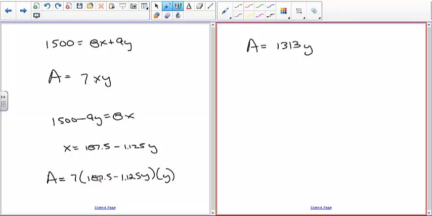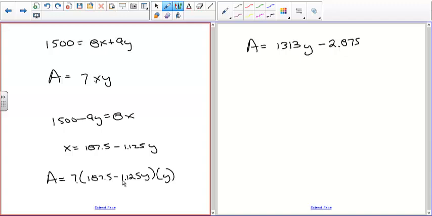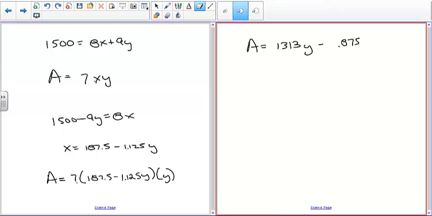And then you'll have 7 times 1.125, which is 7.875. Okay, and then you've got a y times a y, so it's y squared. So I've just multiplied it out.